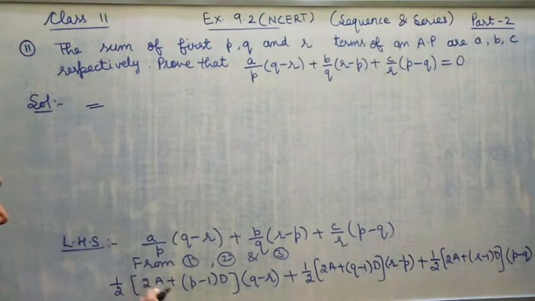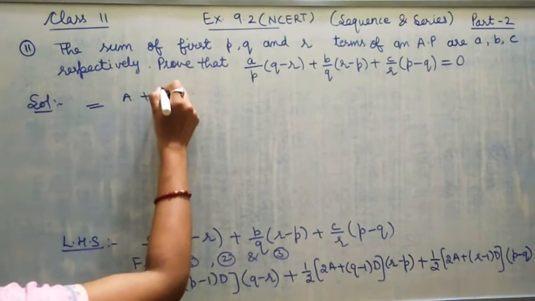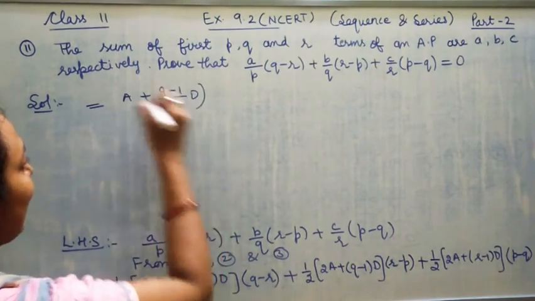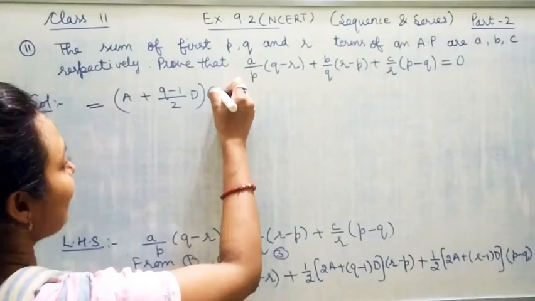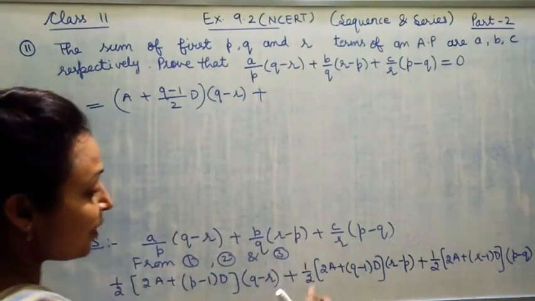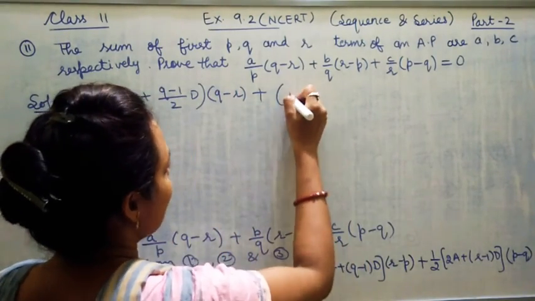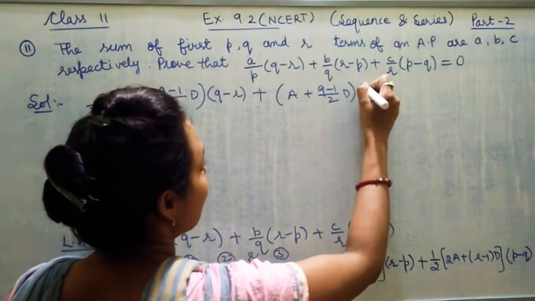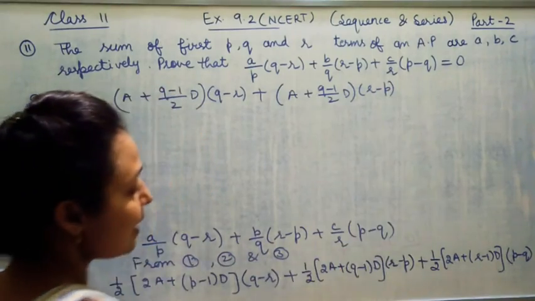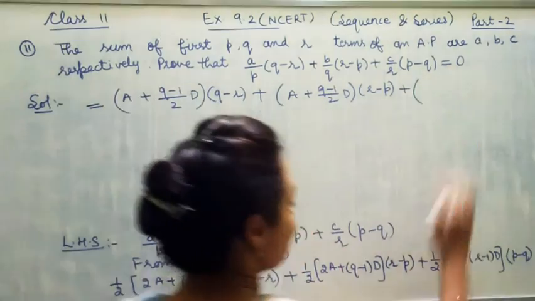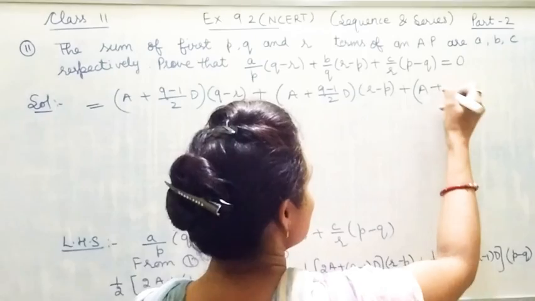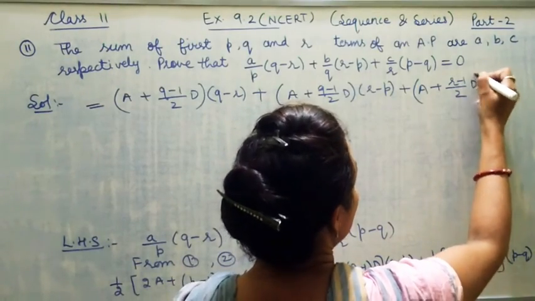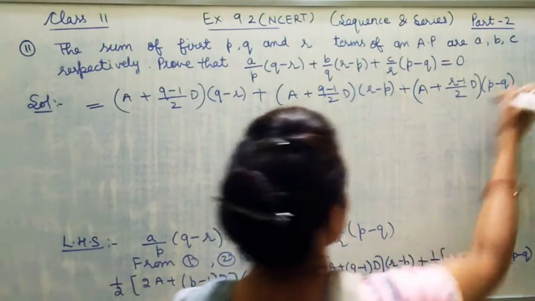That is equal to, when you take half, (a plus (q minus 1) half d), because half multiplied by d, along with this (q minus r), plus half coming inside, (a plus (q minus 1) upon 2 d) and (r minus p), right, plus half then coming inside, (a plus (r minus 1) upon 2 d) and (p minus q).